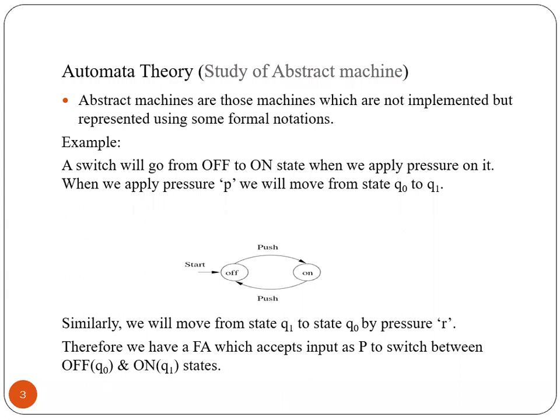Initially, when you are not in your room, your switch is in off state. When you apply a pressure, for example, when you push a switch, it will move from off state to on state. Let's suppose this push is pressure P. So here the state changes from off to on. Let's suppose off represents Q0 and on represents Q1.